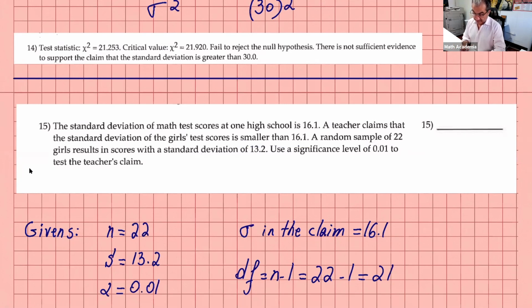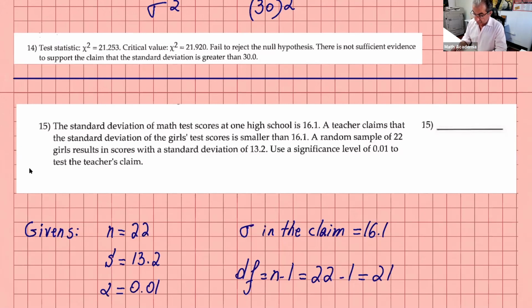The claim says sigma is less than 16.1, so that's H1 because no equal sign. H0 again, sigma equals 16.1. And let's go do the testing. This is a left-tail test. Be very careful. If it's left tail and I want to read the critical value, I have to know this area.